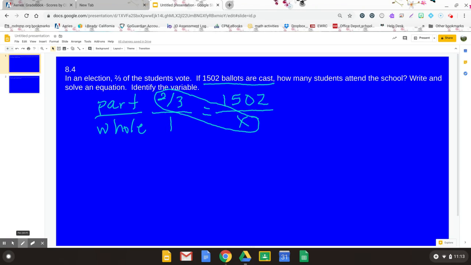Okay, so once you set that up, most of you can figure out how to solve that, and you'll see that that looks like what I set up a little bit at the beginning of this video. So 1,502 times 1 is 1,502. 2/3 times x is 2/3 x, or n, whatever you want to call your variable.